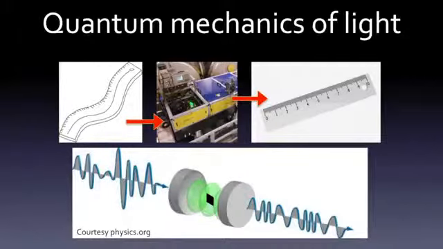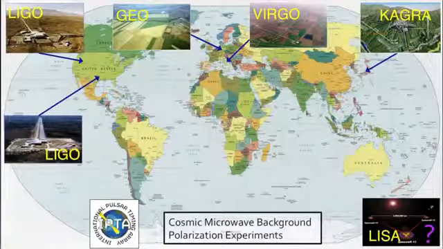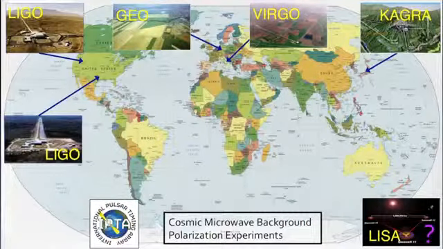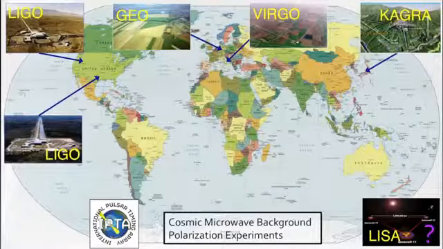Now I want to end by really showing you that this is a global effort. There are a number of observatories, the two US observatories, LIGO in the United States, and two in Europe. There's GEO and Virgo, which is a 3-kilometer detector. There's a detector being built in Japan that's 3 kilometers long.